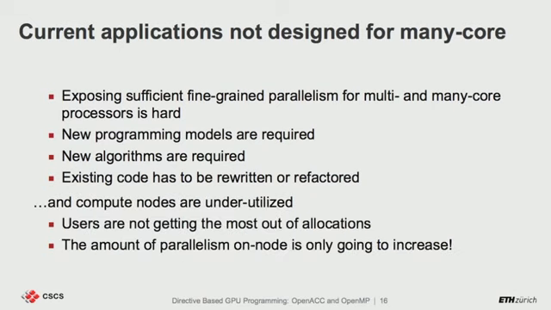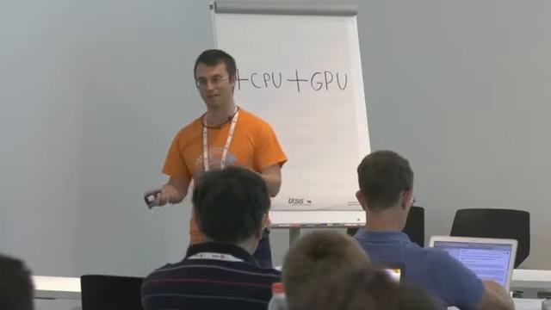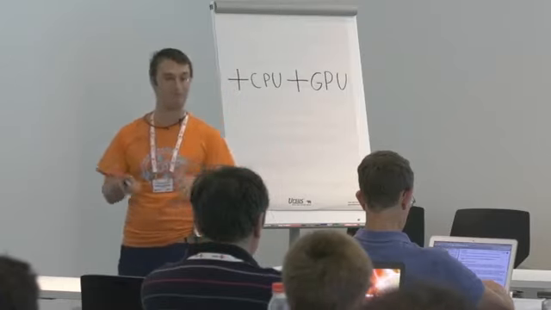As a result, the compute nodes at supercomputing centers are usually underutilized. Has anybody of you ever checked how close to the peak performance of the node your application runs? Most of the time it will be like 10%, or if you get a bit more, then you're good.